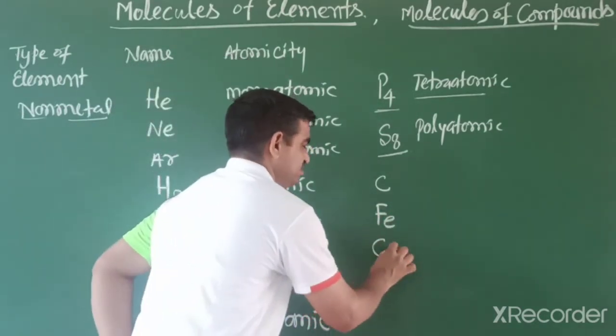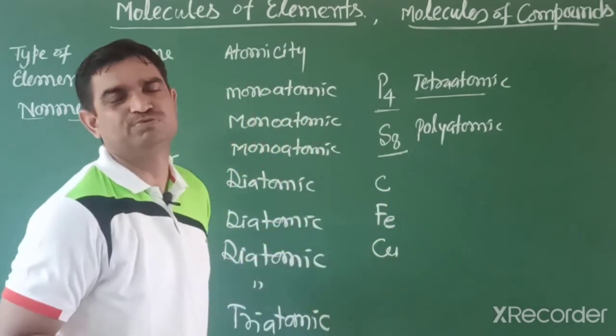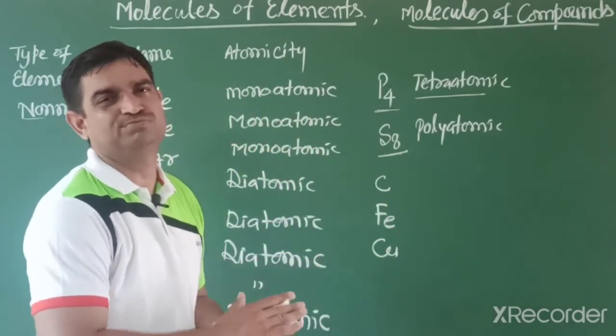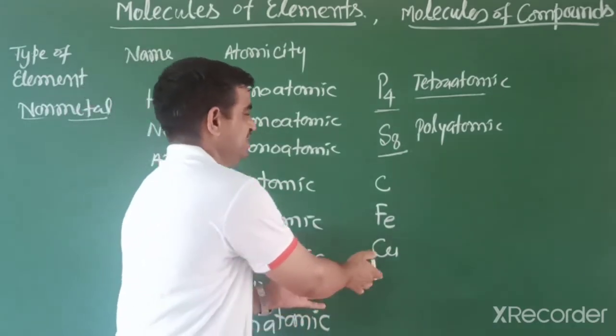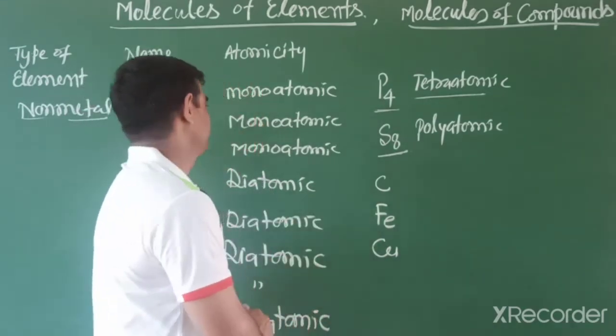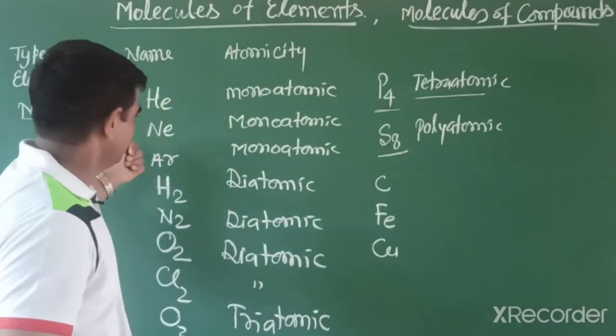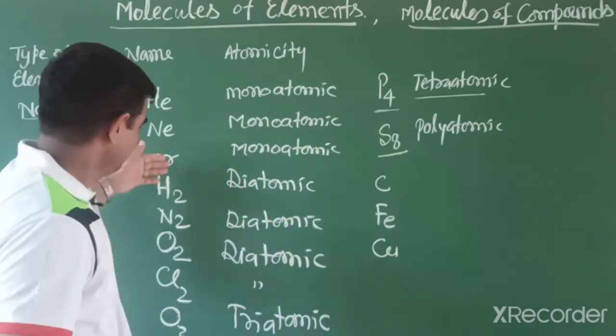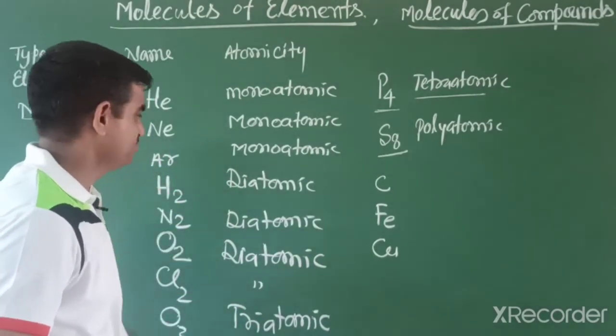Copper is represented by Cu as a molecule also, because millions of atoms are combined in that metal, they are represented by a single atom symbol.